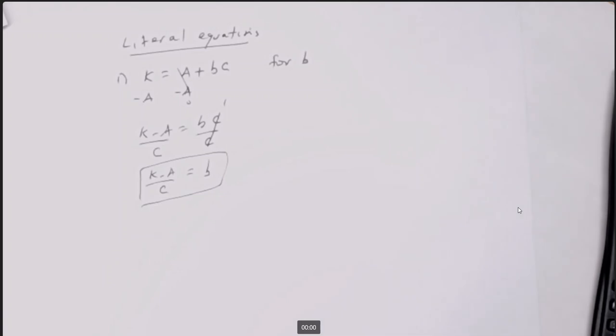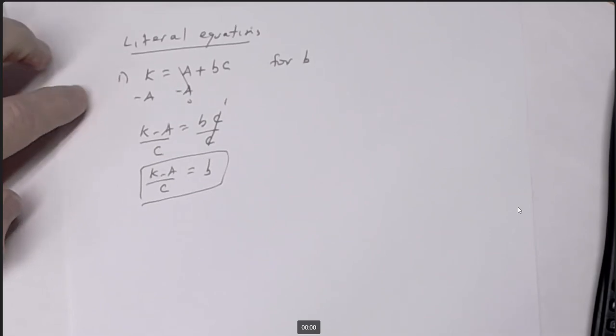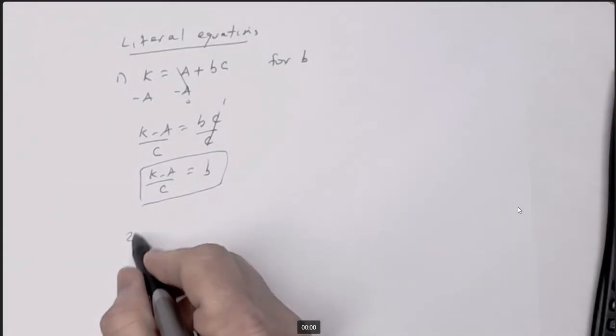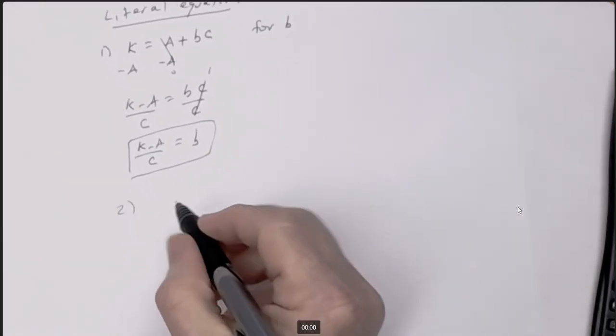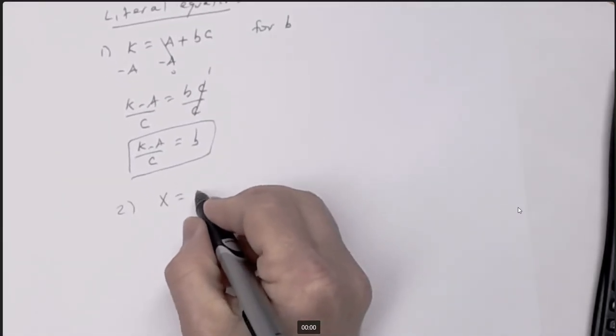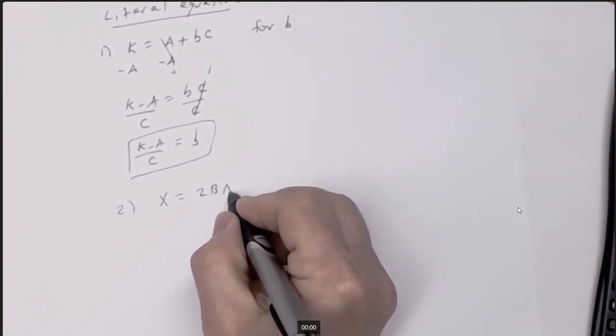So solving a literal equation uses the same properties that you used when solving linear equations in the previous section. If you look at number 2, let's suppose we had x equal 2ba plus 2bc.